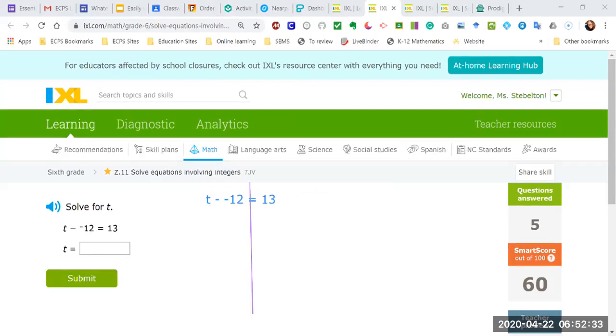First, I'm going to change this equation so that we have an addition statement. We do keep, change, change, the same way even if it's a variable. Keep that variable the same. Change it from subtraction to addition. Because that 12 is negative, it is now going to be positive, because we have to change the last one. And that's still going to equal 13.